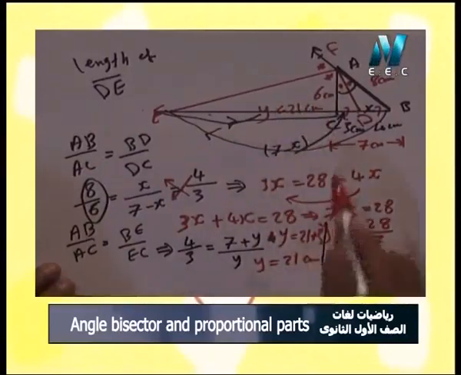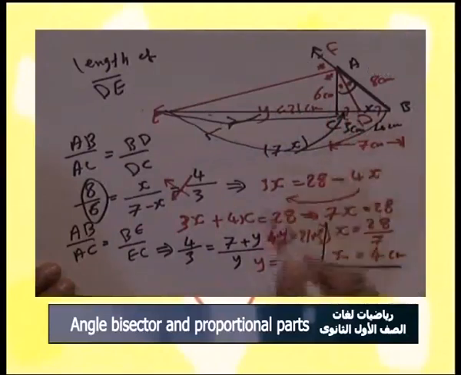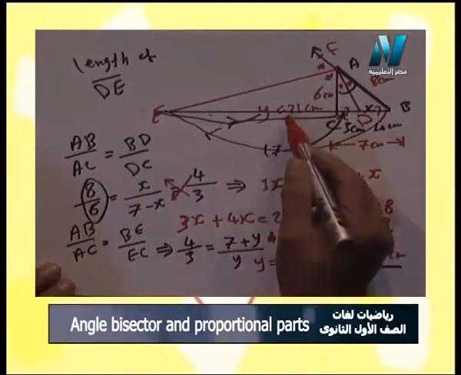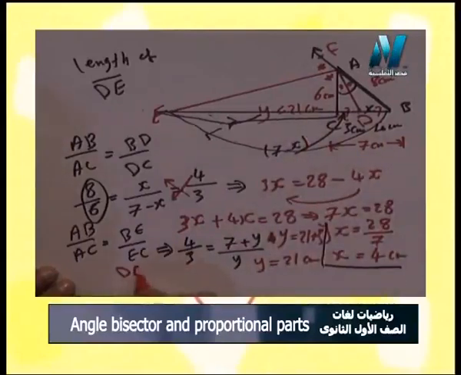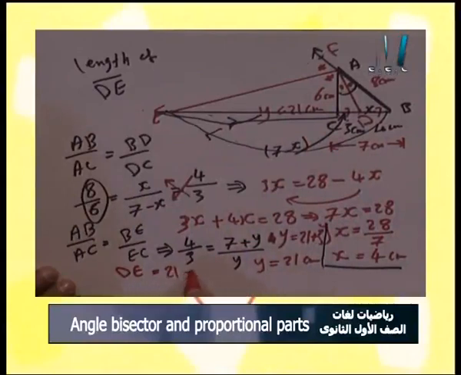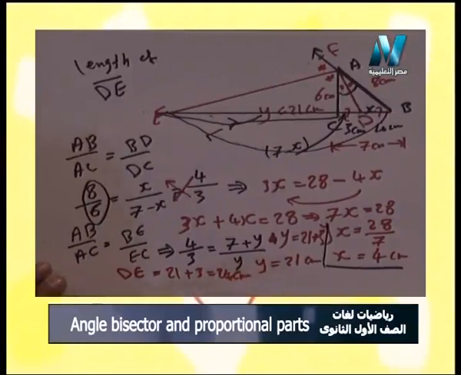By adding CD, which is 3 centimeter, plus 21, DE will be equal to 21 plus 3 equals 24 centimeter. It's a long example, so it's no problem. Okay, let's go to another thing.